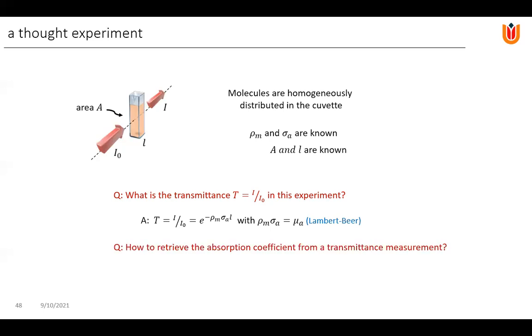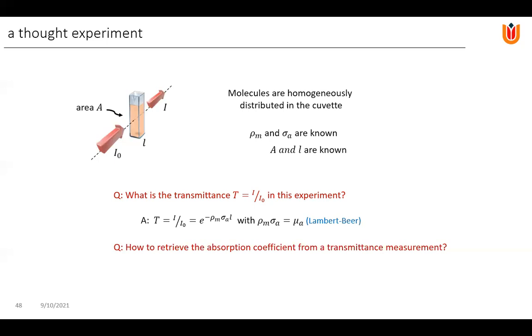So the next question is, and this is also a little bit insulting your intelligence, but how do you retrieve the absorption coefficient from such an experiment? You write the equation.